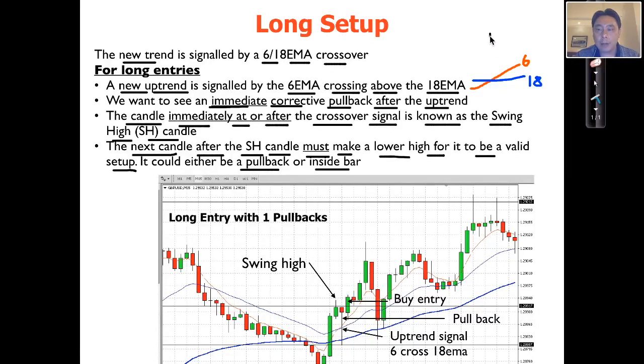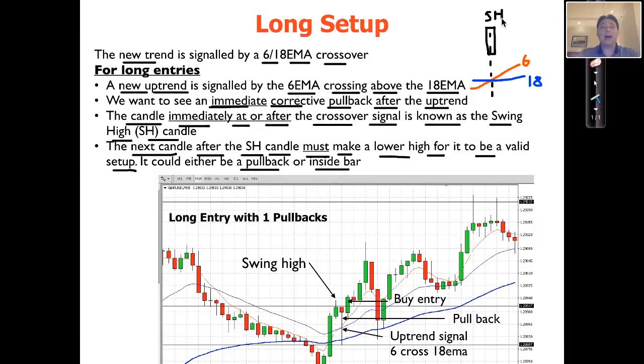Right at the cross, it says here, the candle immediately at or right after the crossover is known as the swing high candle. So in other words, right at that cross, we need to have a candle that appears, and we call this the swing high candle.